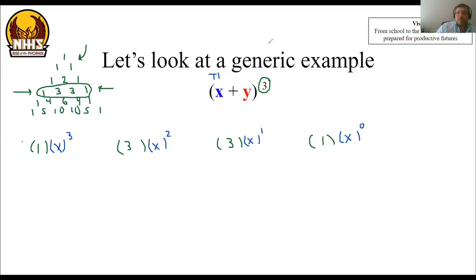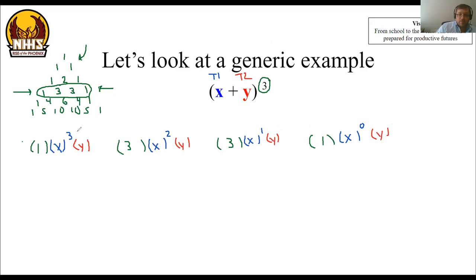Now, I need to go with the second term. This is term 2. So term 2, term 2, term 2, term 2. And you will get faster with this and it'll become easier. So then I put the y, y, y, and y.